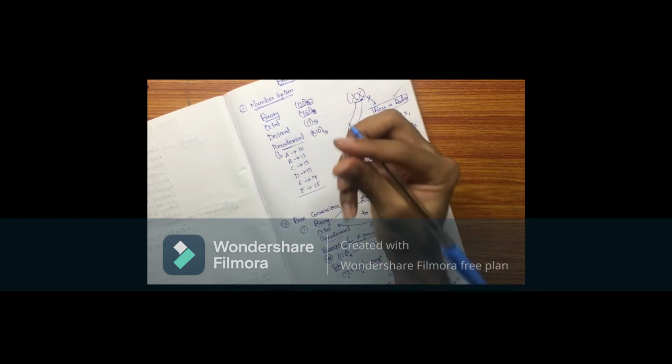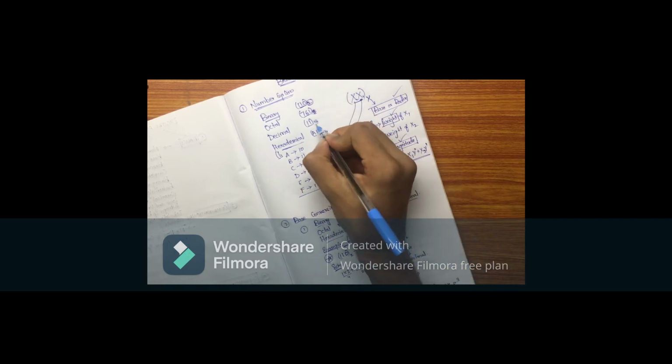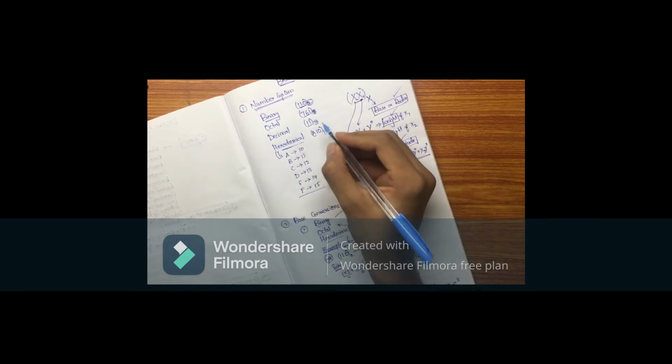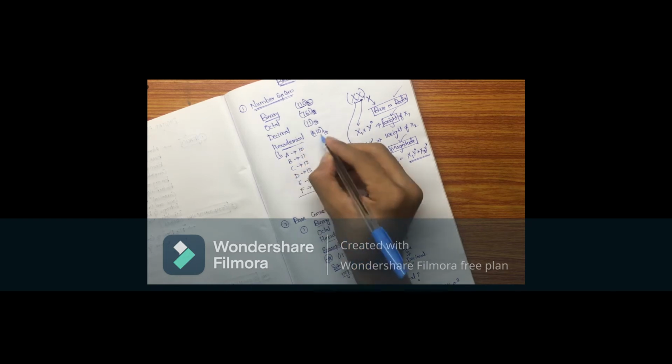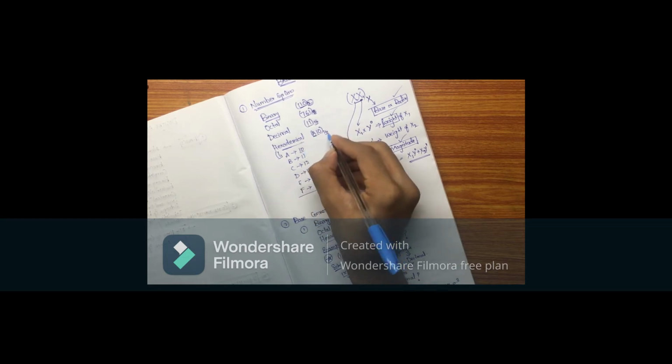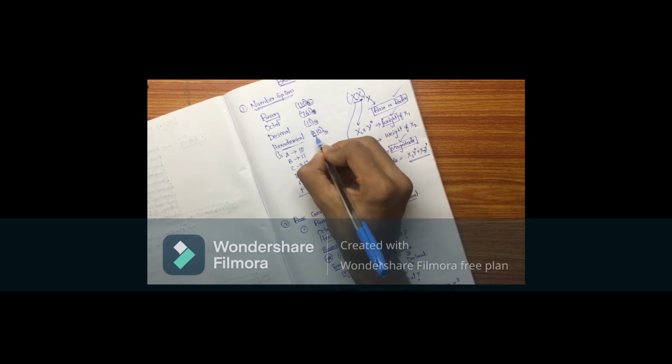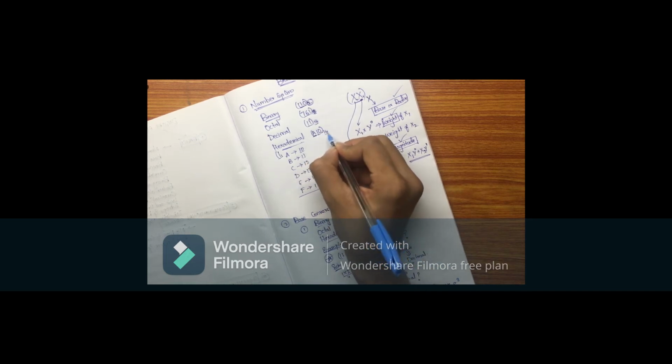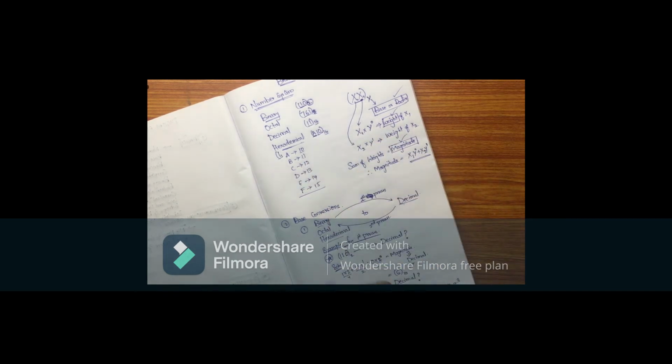Every digit is less than 10. Coming to hexadecimal, here also every digit, 1 is less than 16, 0 is less than 16, A, 10 is less than 16. So every digit is less than its radix.